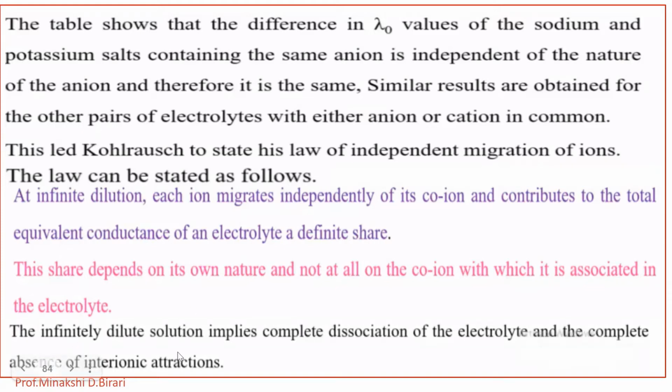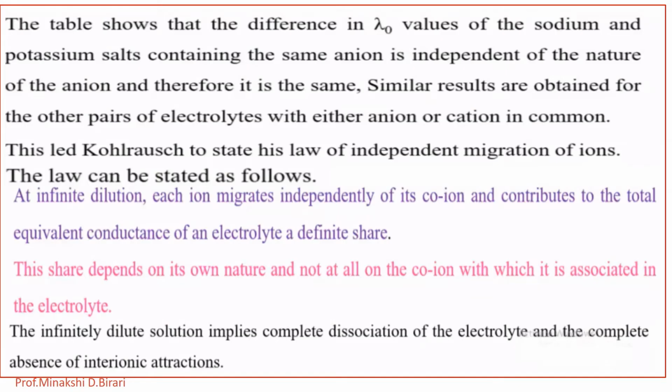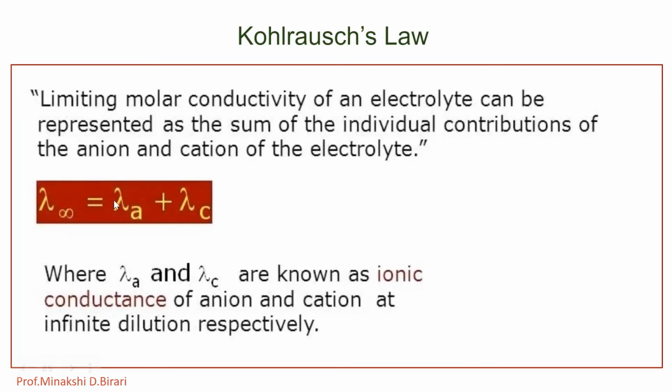The infinitely dilute solution implies complete dissociation of the electrolyte and the complete absence of interionic attractions. Thus, lambda 0 value for any electrolyte can be written as lambda 0 or lambda infinity is equal to lambda A plus lambda C, where these are the ionic conductance of the anion and the ionic conductance of the cation at infinite dilution respectively.